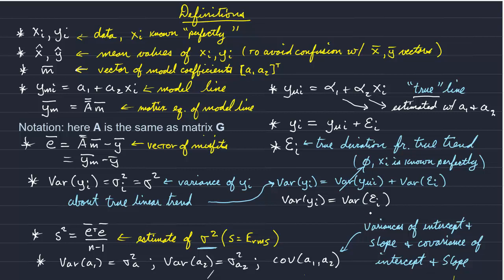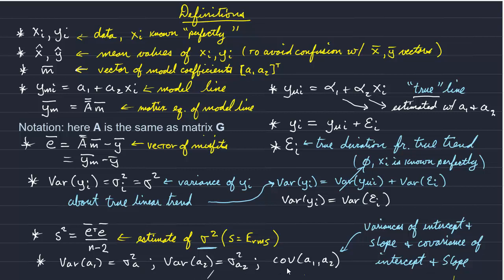We don't know that noise, we don't know that variance, but we can estimate it by taking the sum of square misfits. And I'm noticing that instead of n minus 1, I need to divide by n minus 2. And the variance of our intercept, we can write as VAR of our intercept, or equally as sigma squared sub A. Likewise for our slope.